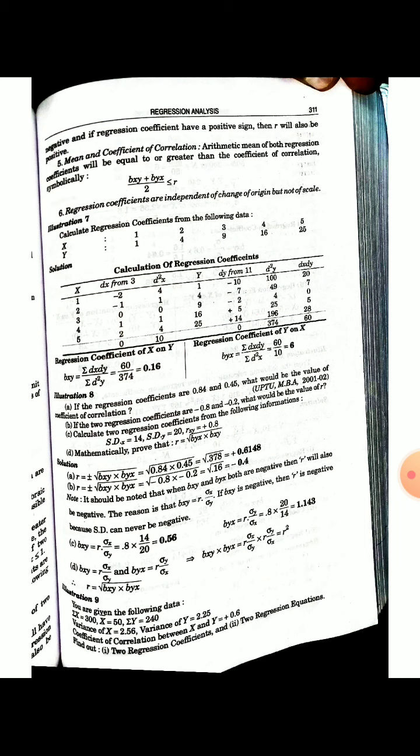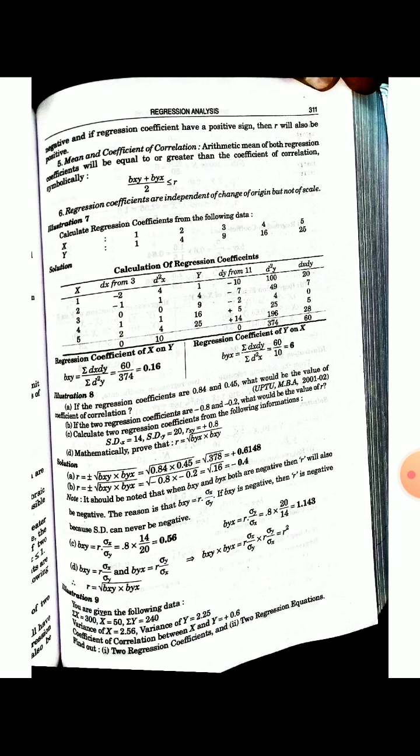Calculate two regression coefficients from the following information. Standard deviation of x equals 14, standard deviation of y equals 20. Coefficient of correlation of xy equals 0.8. Mathematically prove that r equals under root byx into bxy.